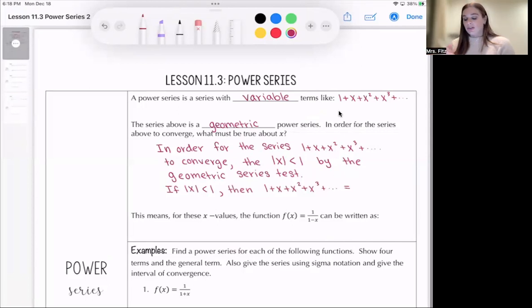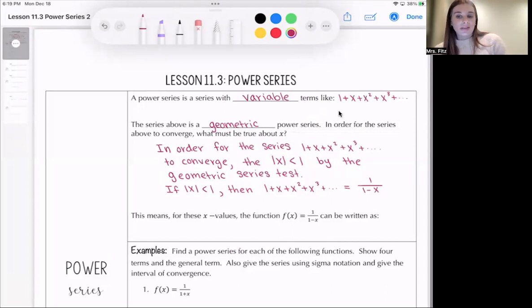It would be the first term, which is 1, over 1 minus your r, which is x. So this geometric power series actually converges to 1 over 1 minus x in any case where x is between -1 and 1.